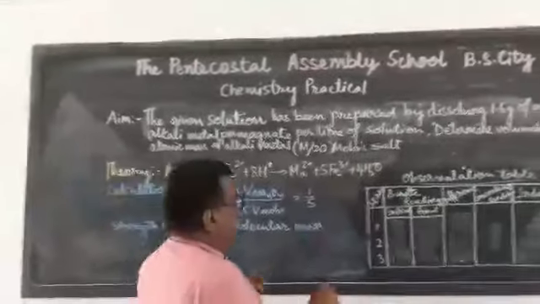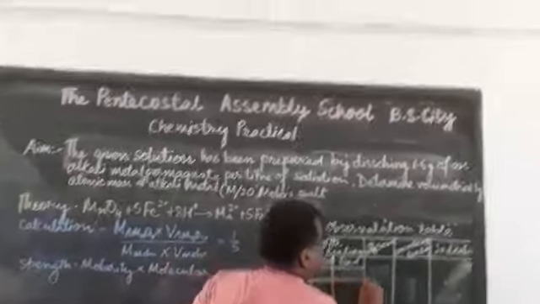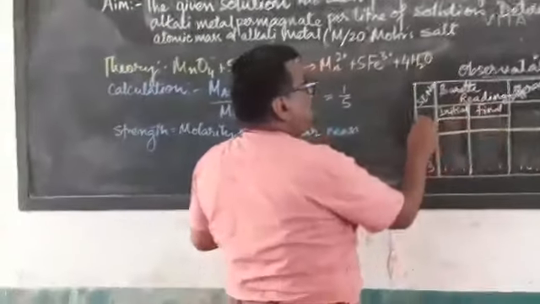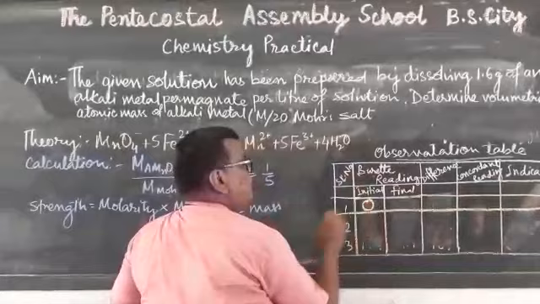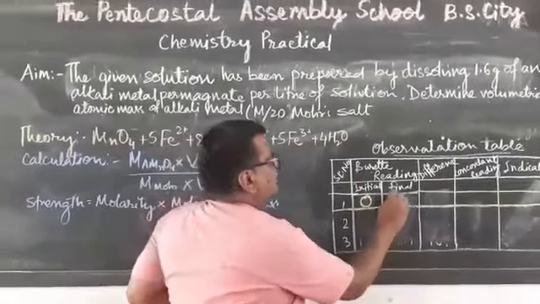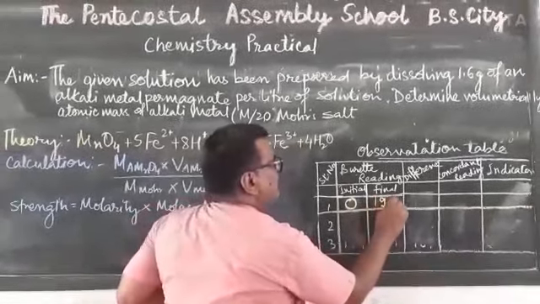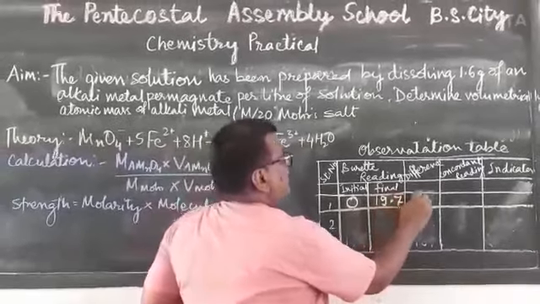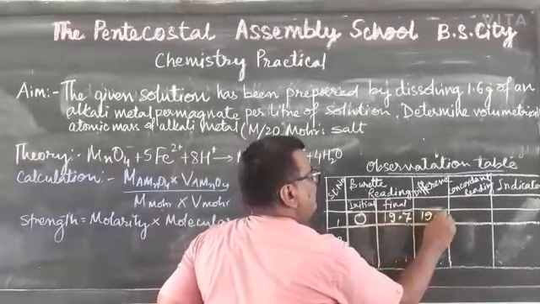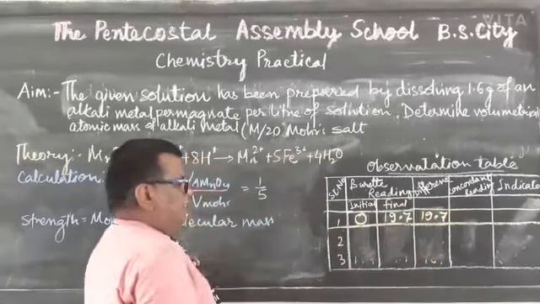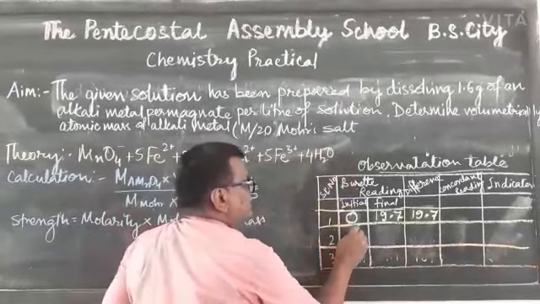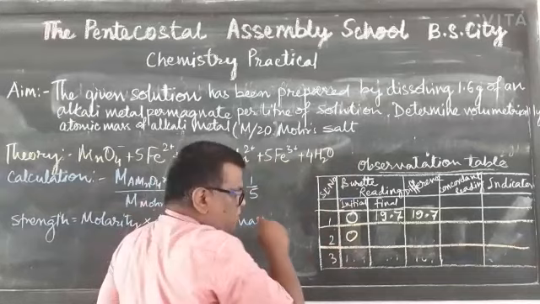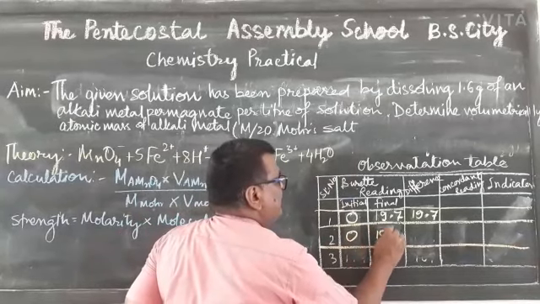We have seen the initial reading in the first experiment was 0. The final reading was 19.7. So the difference was 19.7. In the second experiment, suppose we have taken 0, it will be 18.8.